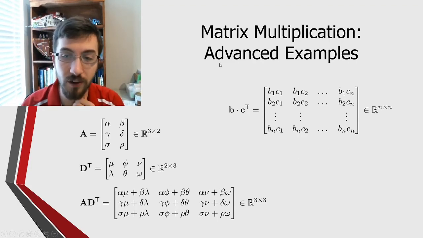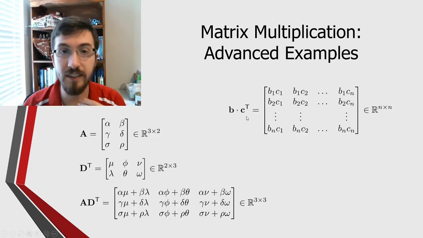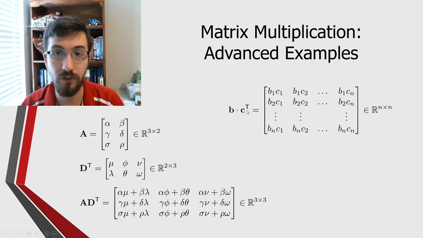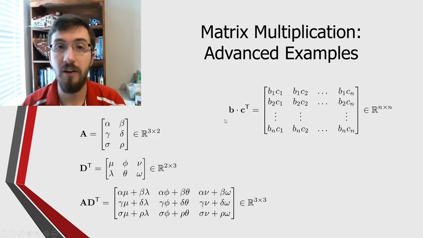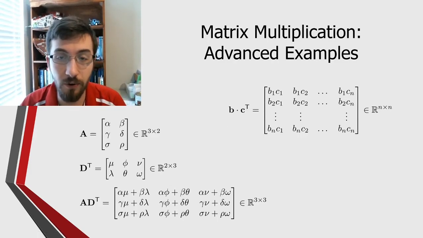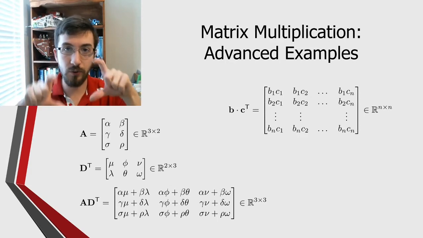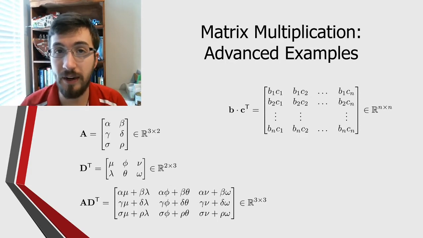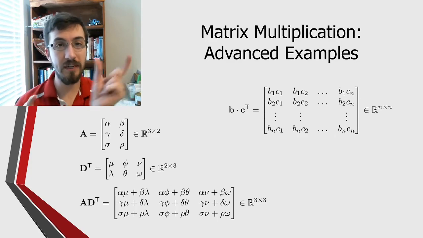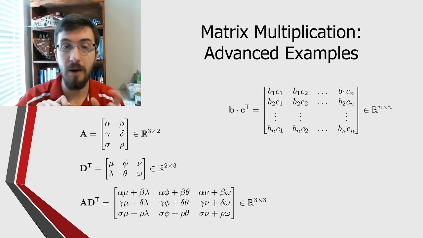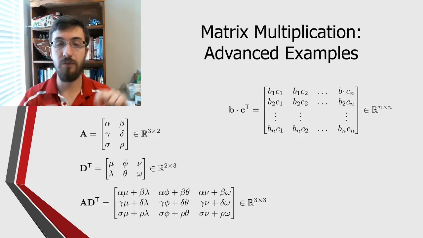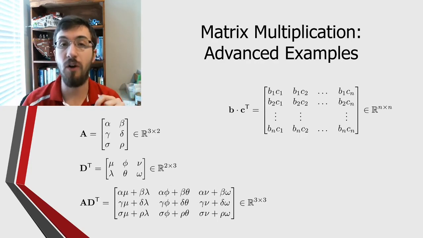So then the other thing I want to talk about is this matrix right here, B times C transpose. So if you remember from our vector multiplication video, we had two column vectors, B and C. So the dot product was B transpose times C. But now this is B times C transpose, a column times a row.